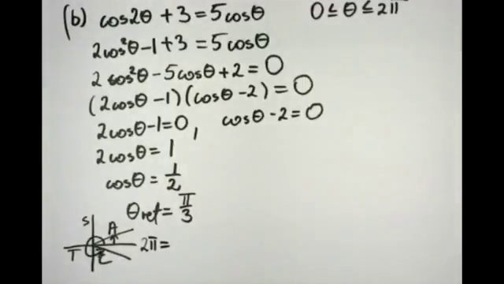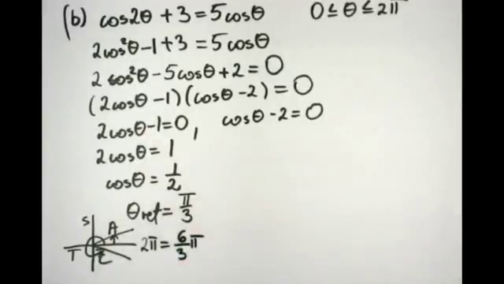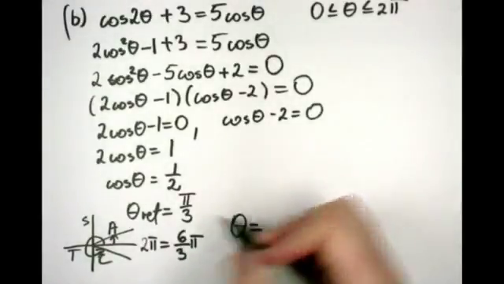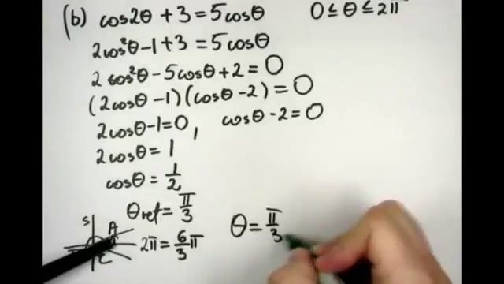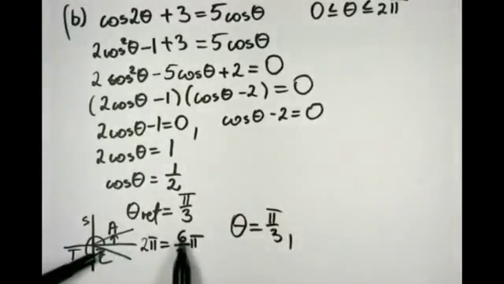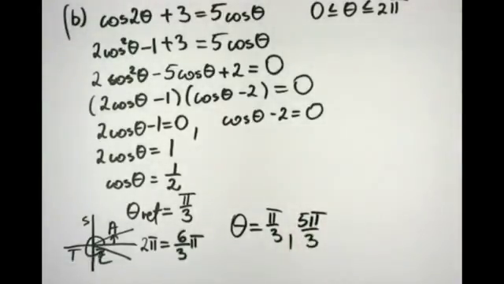1 pi is 3/3, and another pi is 3/3, so 2 pi is 6 thirds pi. That would be the whole revolution, and we are short of 1/3. So the theta is the reference angle, that's my first theta. And the second one is 6/3 minus that 1/3, gives me 5/3.